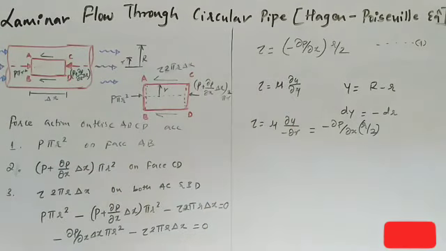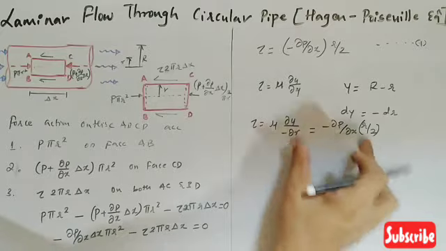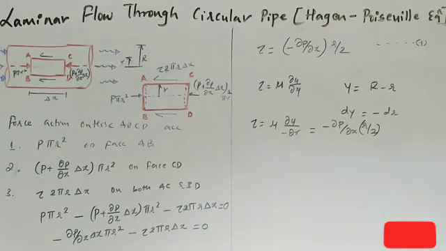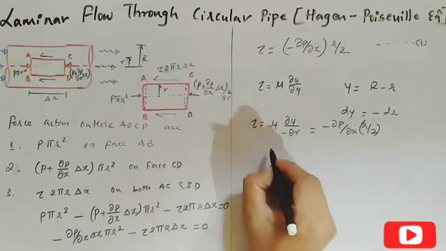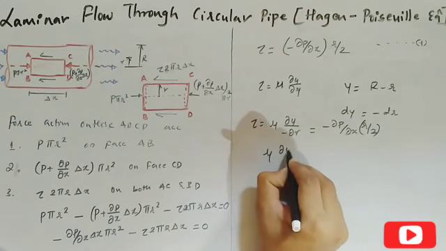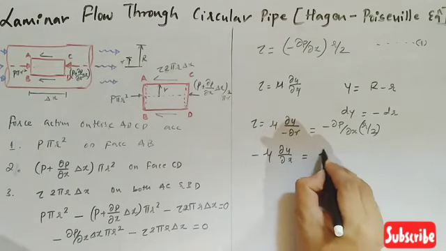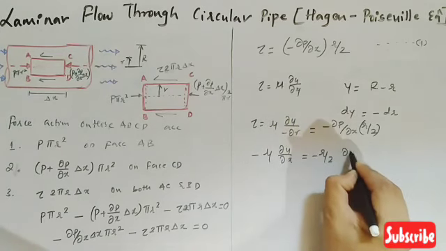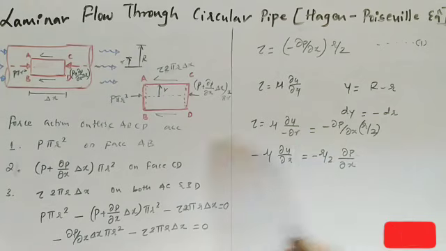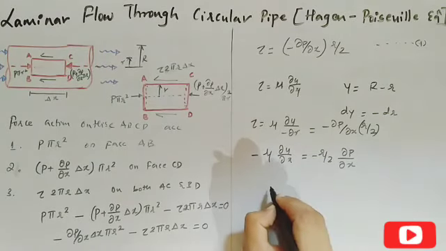Now this is a general shear stress equation. If I substitute that dy term in this one, I will equate both the equations. After equating both equations, I will get dou u by dou r minus equals r by 2 into minus dou p by dou x. Now I will rearrange the terms.